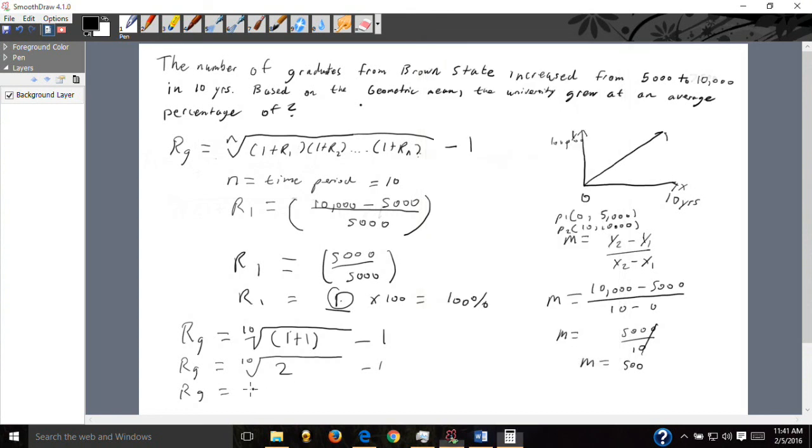So I need to go back into here. I'll round to this many decimal places. So whatever this is minus 1, R sub g is equal to 0.071 or 7.1%. And that is, in fact, my average percentage of growth. And that's all there is to it.